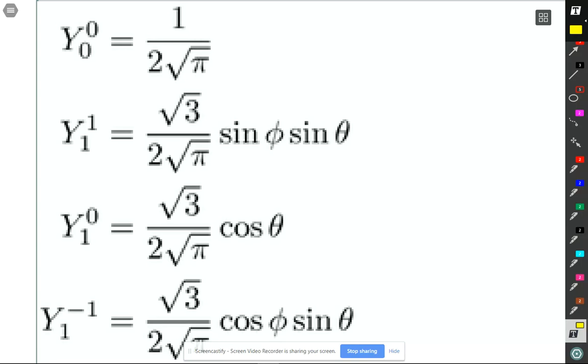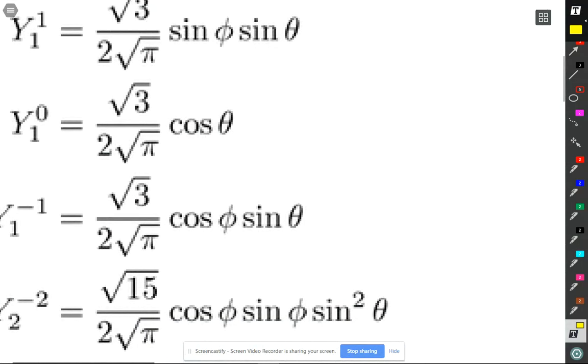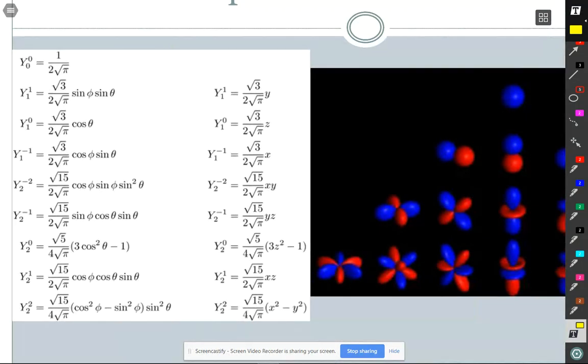If we look at these others, well, let me just zoom. Can you find anything else that is spherically symmetric here? I don't see any others that are spherically symmetric.